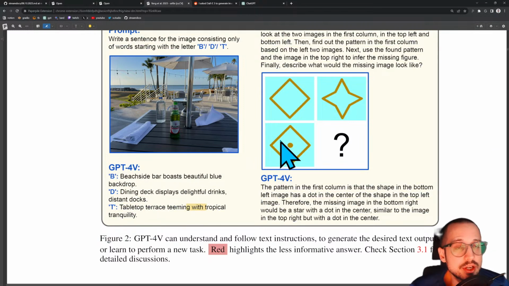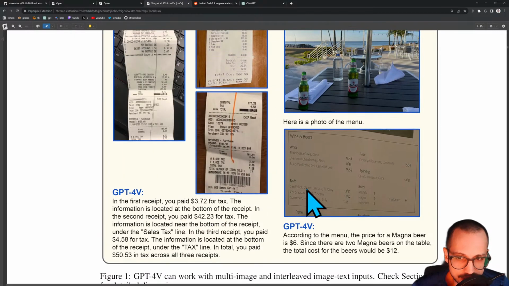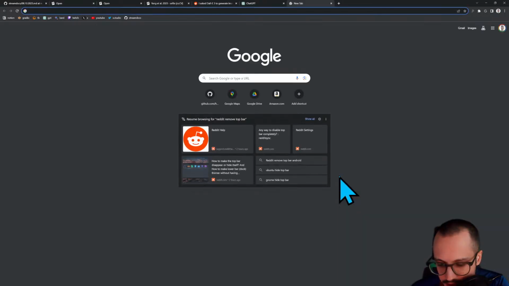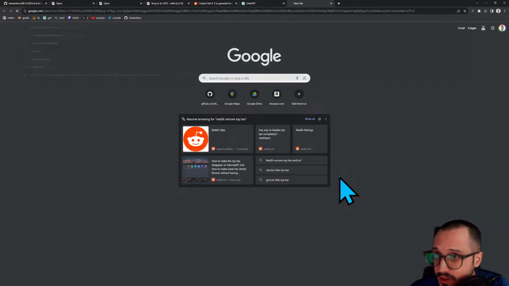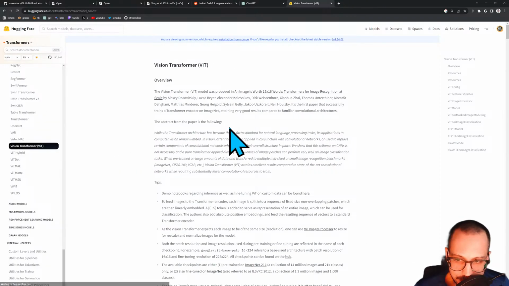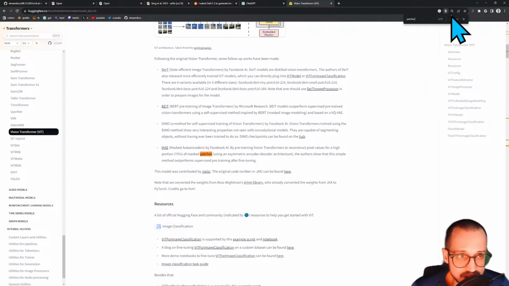Does it mean the vision encoder resolution is pretty high? Yes, probably. Or that there's some other more explicit OCR happening, right? Whenever you're feeding images into a vision encoder such as a ViT, a vision transformer, it breaks up the images into patches. But the number of patches is kind of like a hyperparameter.